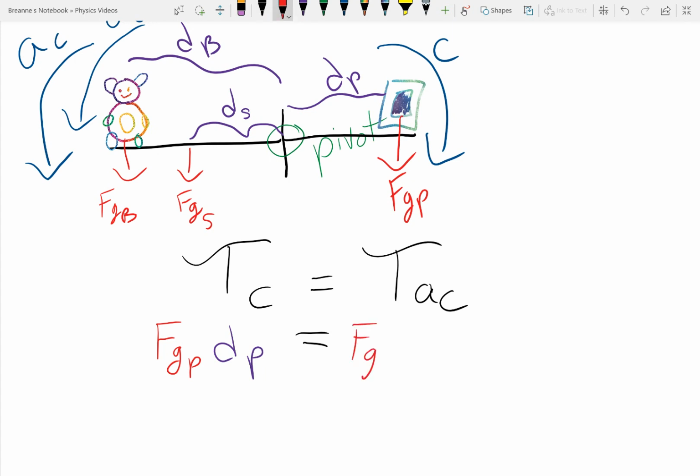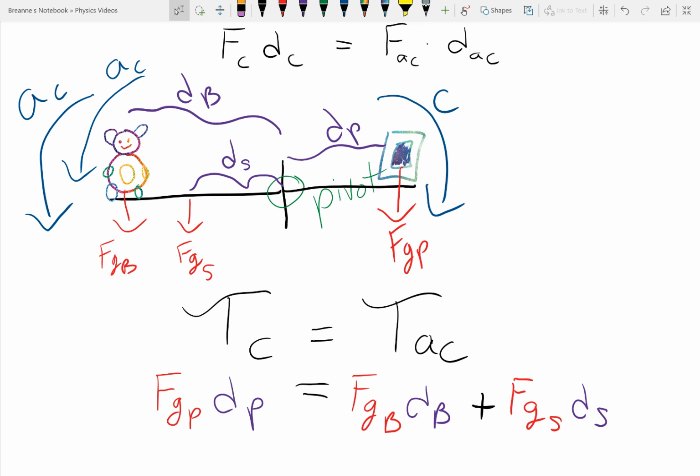And so you have force of gravity of the bear times your distance of the bear. In this case, since they're going the same direction, you just add it. Force of gravity of the shelf times the distance of the shelf. So if you have two turning the same way, you just add them together. It's supposed to be a D. And that's kind of your setup there.